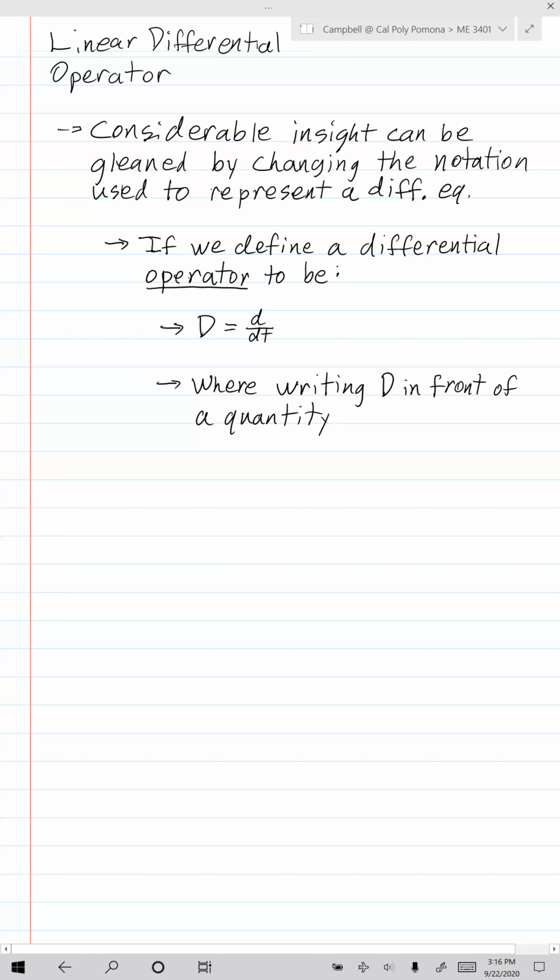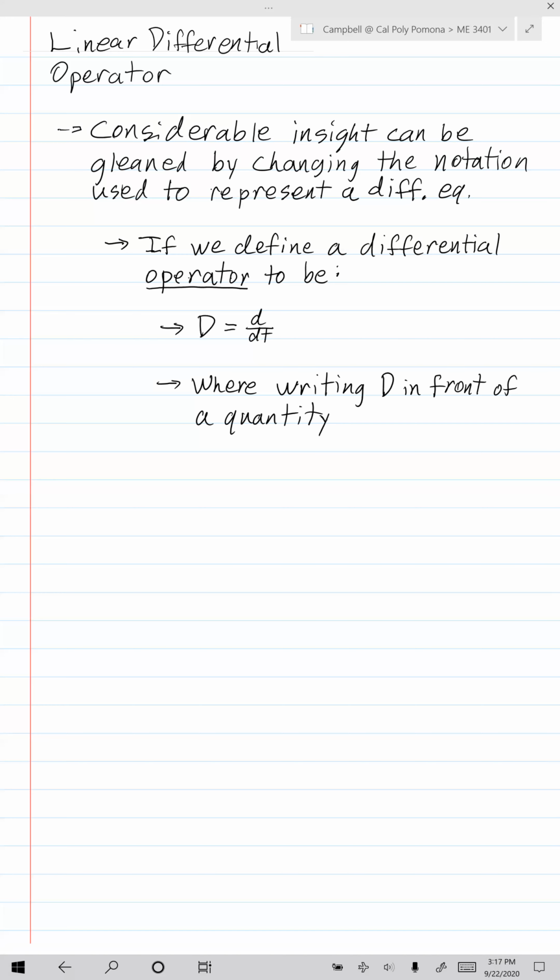Now, it's important to recognize that there is a little bit of an ambiguity associated with this notation because writing D in front of something starts to look like multiplication, and we'll soon find that we can work with the rules associated with multiplication and other relatively basic operations.